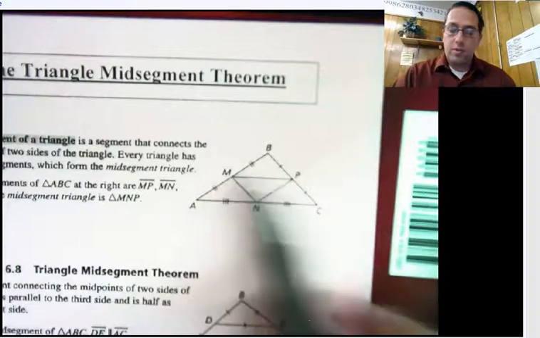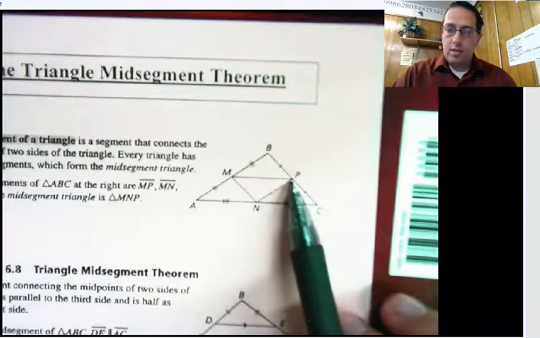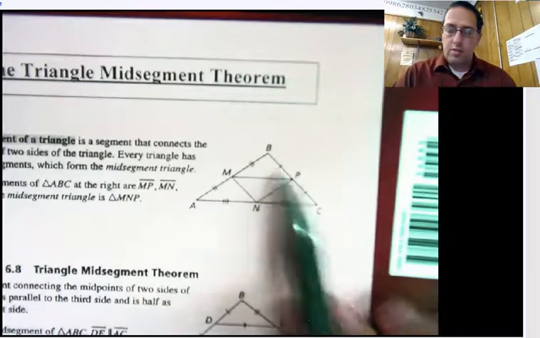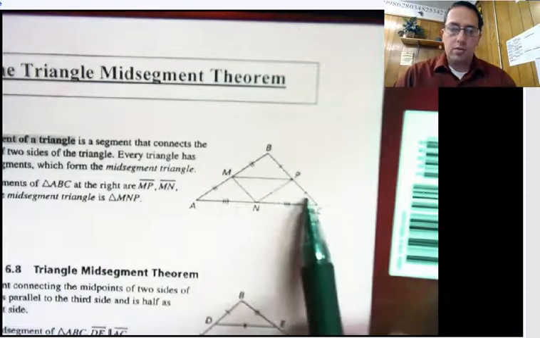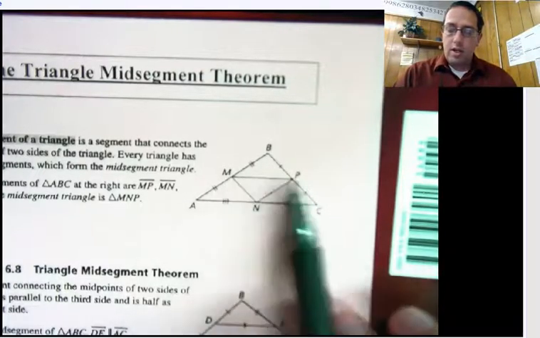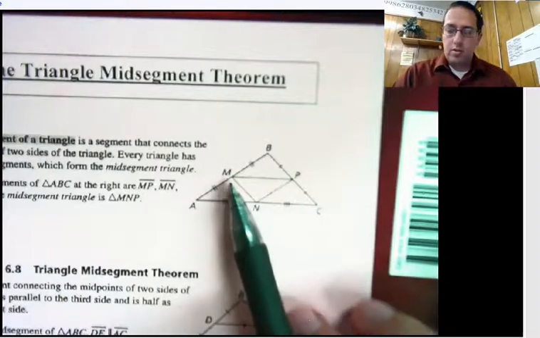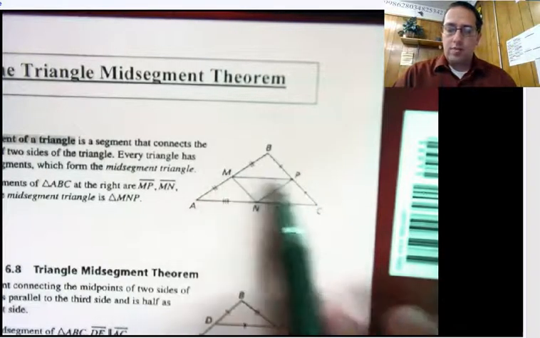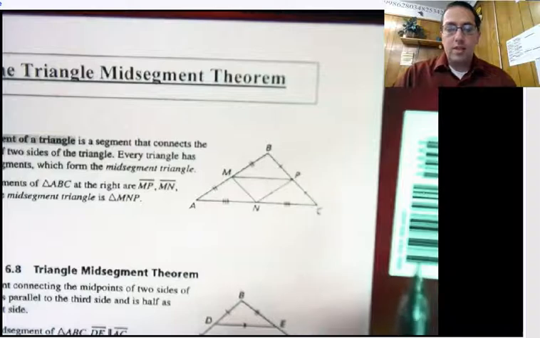So M is the midpoint. Point P is the midpoint of side BC because PB and PC are congruent. So M and P are midpoints, therefore segment MP is the midsegment because it connects the two midpoints.